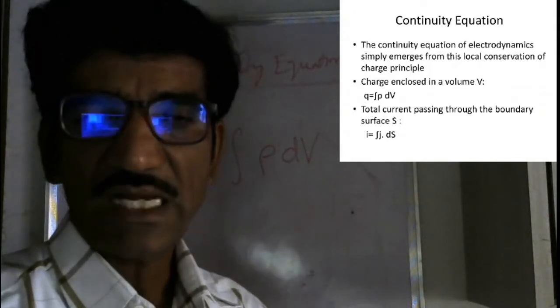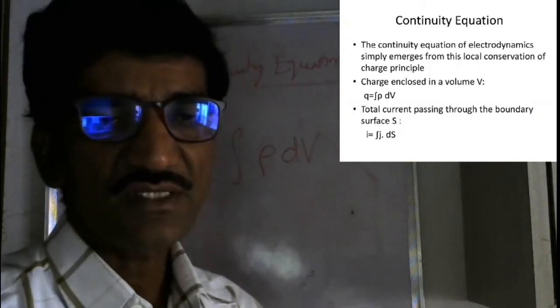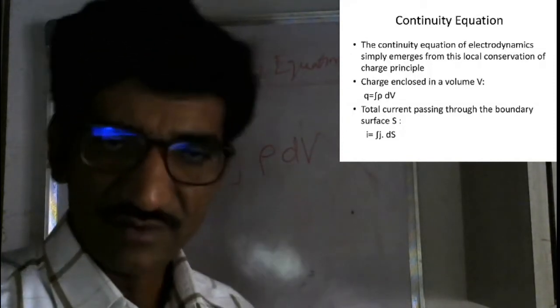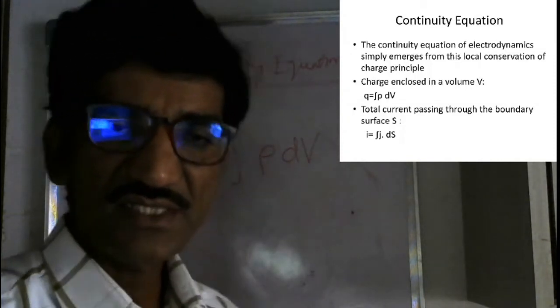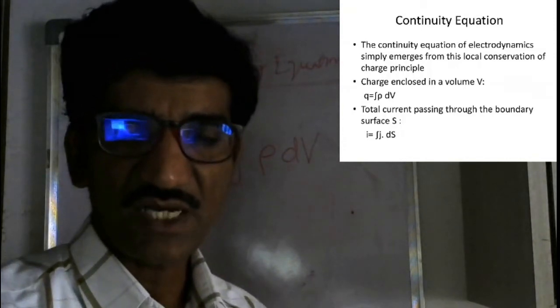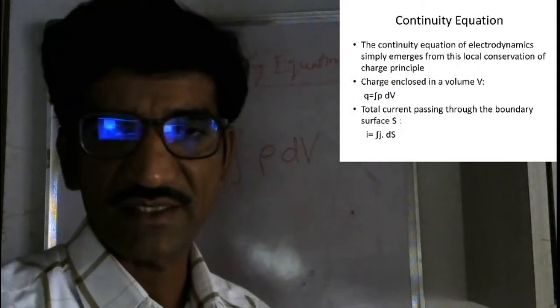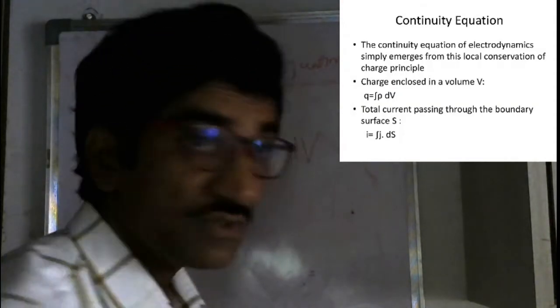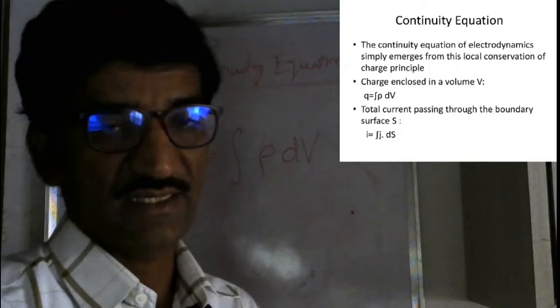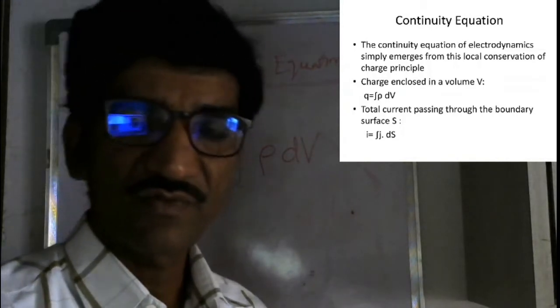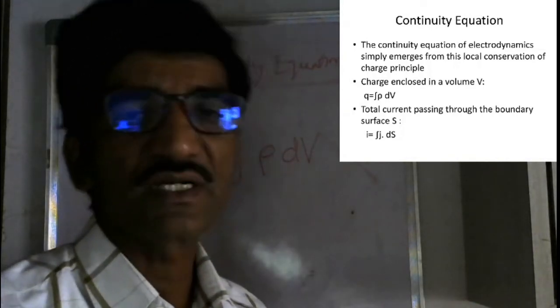Now, whenever the charge flows out of or into that surface, the charge in motion, or the charge flow, is nothing but the current. So, whenever there is a change in the charge inside that volume, there must be a flow of current.